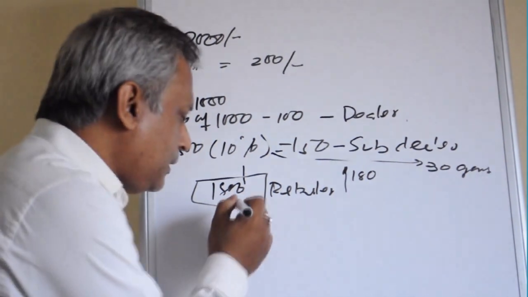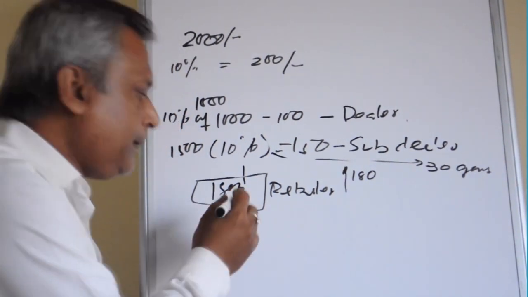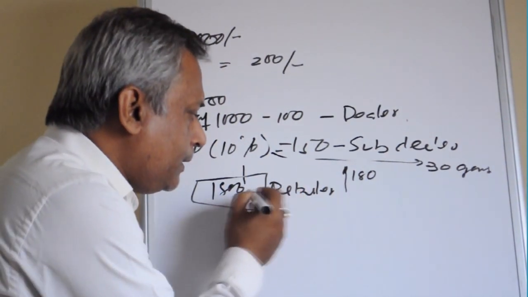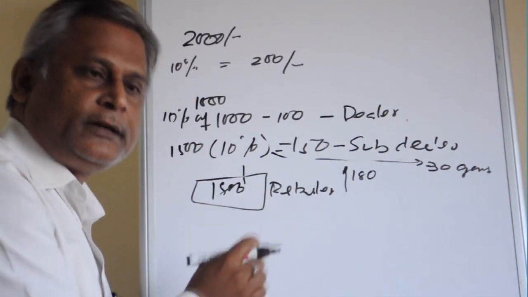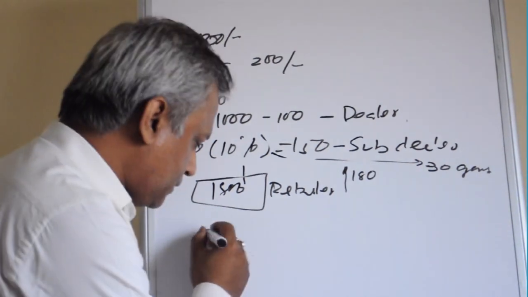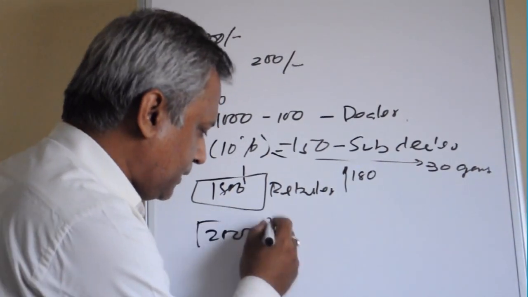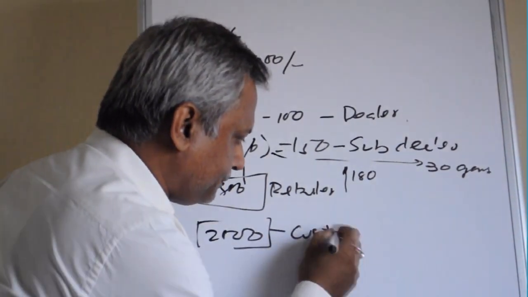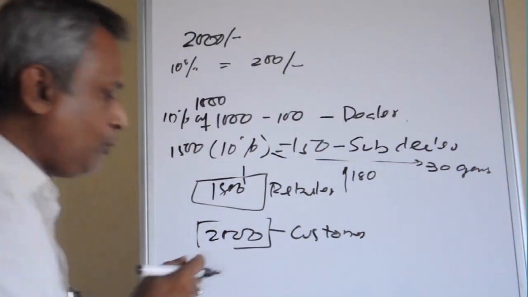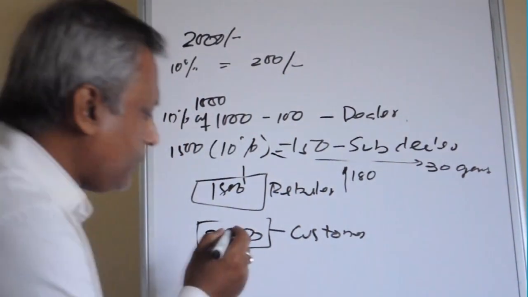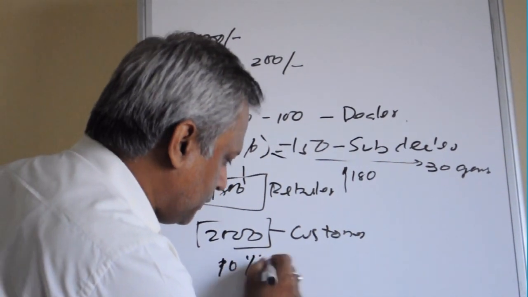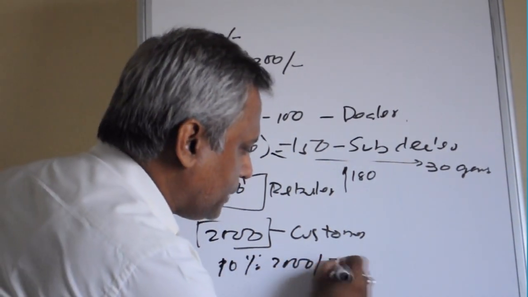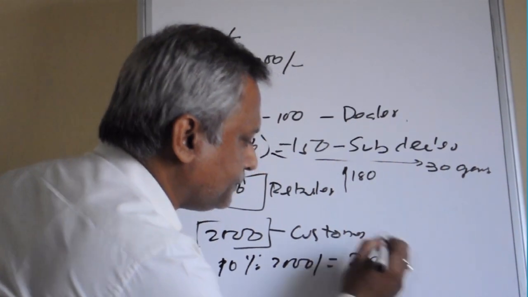Now let us say the sub-dealer finally sells to the final customer at 2000 rupees. This 2000 rupees is the cost for the customer. So 10% of rupees 2000 is equal to 200 rupees.